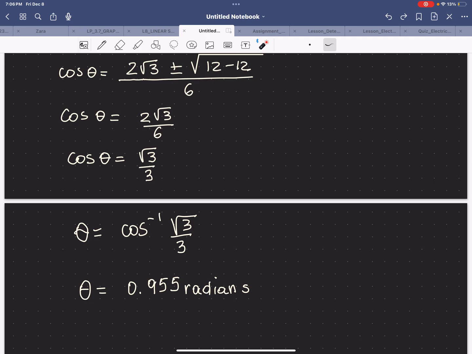Now, remember how we find the angles within a specific domain. First, we get an angle from the calculator. We got this. Next, we draw. So remember, calculator, draw. Now, here is my little Cartesian plane. I'm going to draw the angle I just got in here, it is almost 1 radian, so almost 60 degrees. So I made it look like it, but I'm pretty sure it's not exactly 0.955 radians.